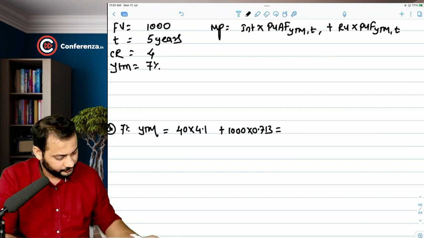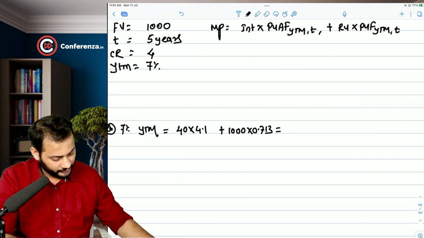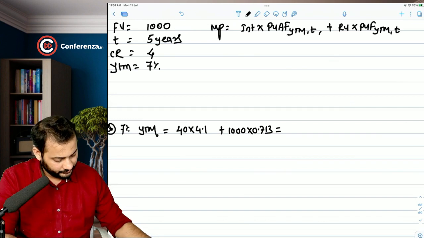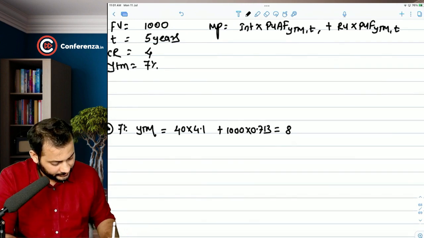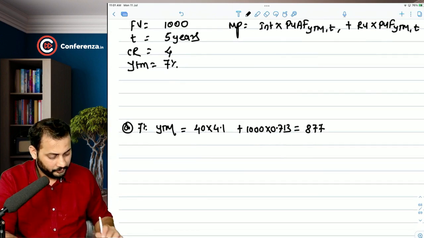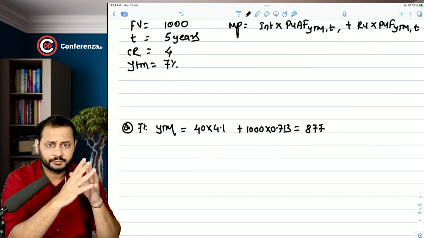The figure will be 40 into 4.1 plus 713. So it comes to 877. This is the normal thing.